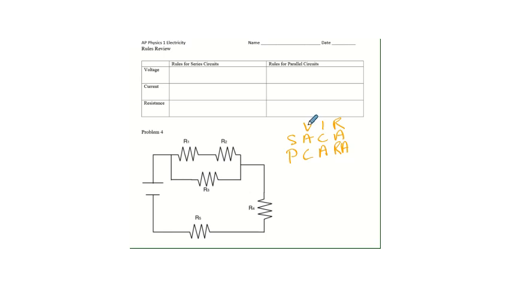So voltage in series is going to add. In series, current is constant. And resistance adds. For parallel circuits, voltage is constant.